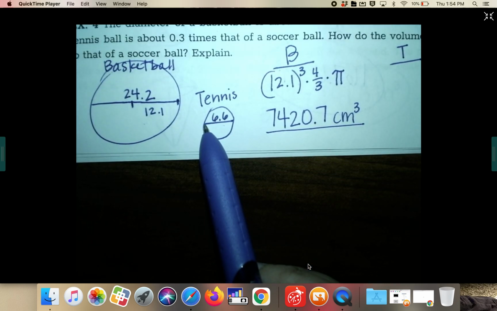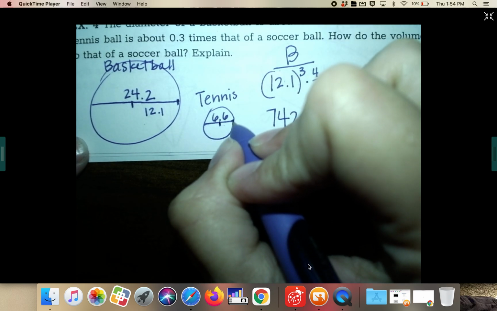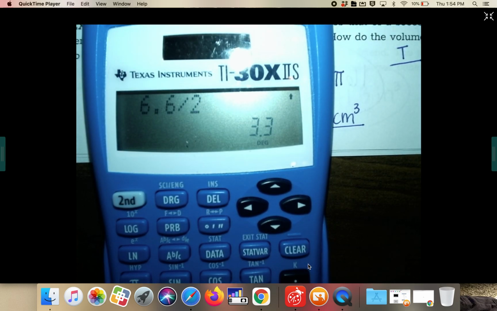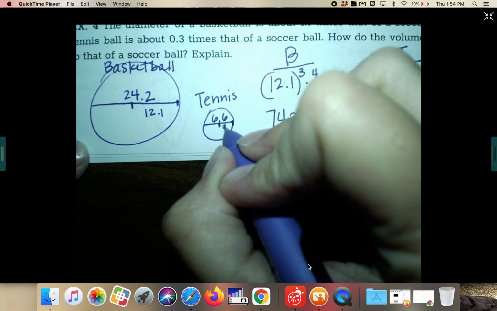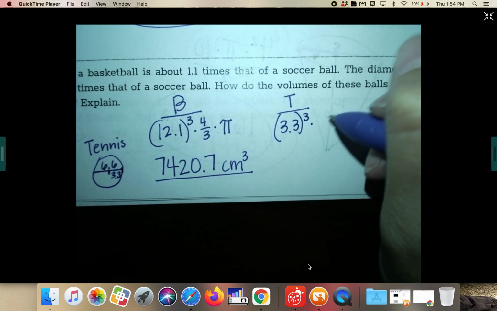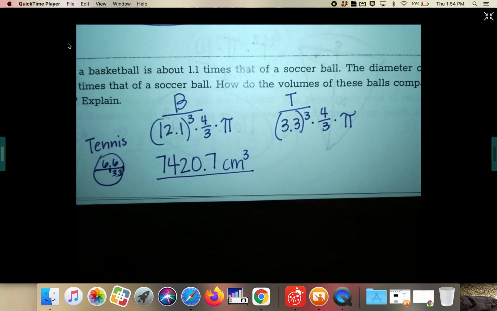So a tennis ball, we have the whole diameter, it's 6.6, but we need half of that to do our radius. So 6.6 divided by 2 is 3.3. So we're going to use 3.3 for our radius. So we're going to take 3.3 cubed times 4/3 times pi button, and let's see what we get here.